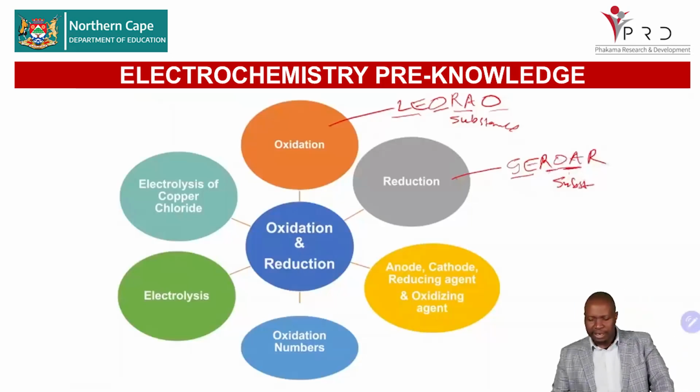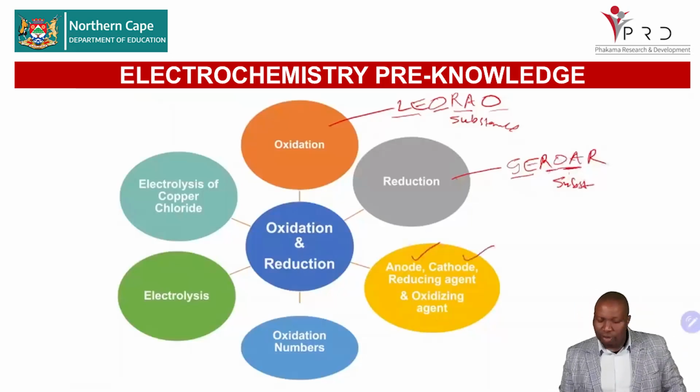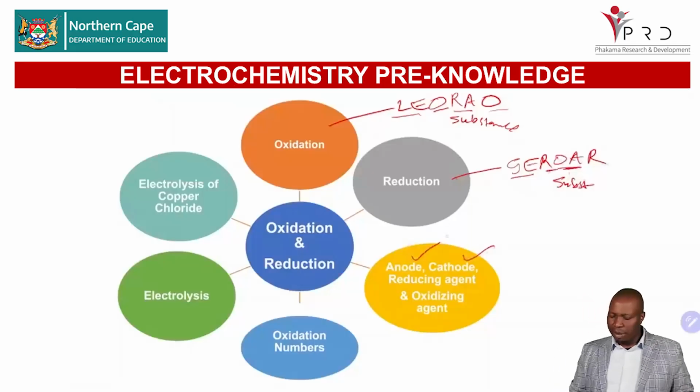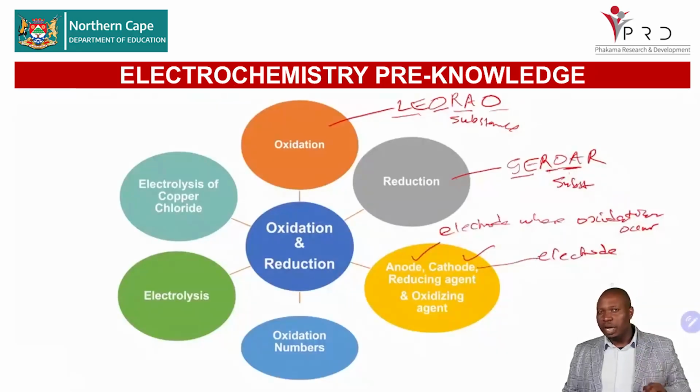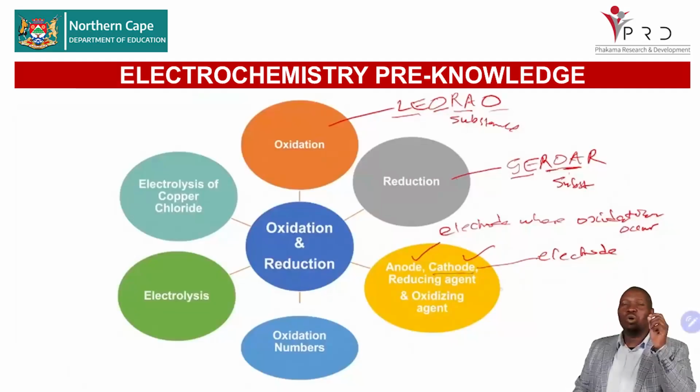And we are saying, don't forget, you have the anode and the cathode. You must know their definitions. Remember, we said this is the electrode where oxidation occurs or takes place. Oxidation occurs at the anode. Cathode is the electrode where reduction occurs. Now, it's not a mistake that we are saying electrode where. So we are not necessarily saying the cathode undergoes reduction. We are saying it's the electrode where reduction occurs.